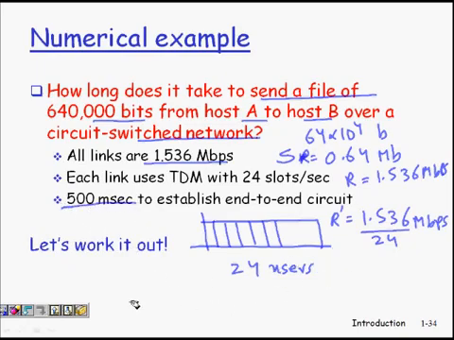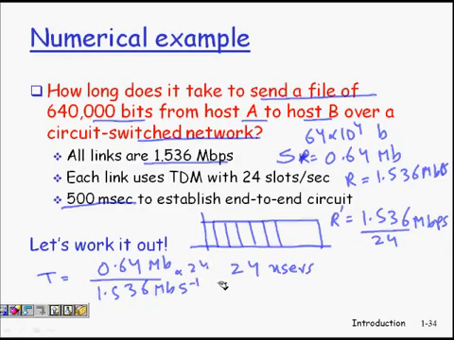So the time is 0.64 megabits divided by 1.536 megabits per second divided by 24, and if you do this calculation, it comes out to be 10 seconds. Plus 500 milliseconds or 0.5 seconds for call setup, so a total of 10.5 seconds will be taken for delivering this data.